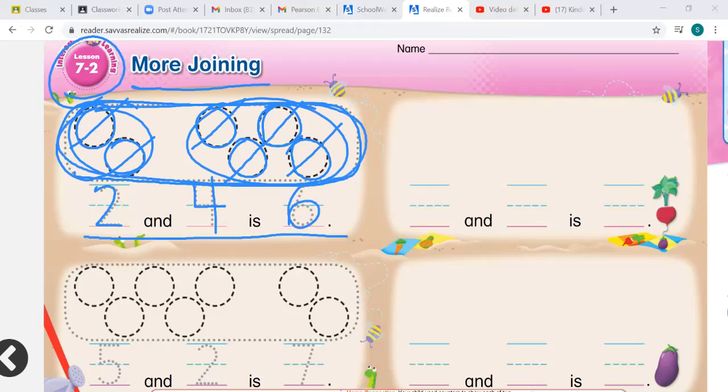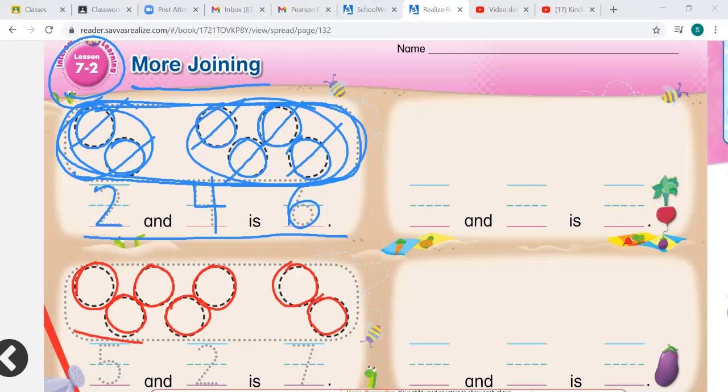All right, let's do this other problem down here. We have 5 tomatoes now. So let's circle 5 of these counters. Each of them represent a tomato. We have 5 tomatoes on one plant, and we have 2 tomatoes on another plant. So now we want to see how many tomatoes in all.